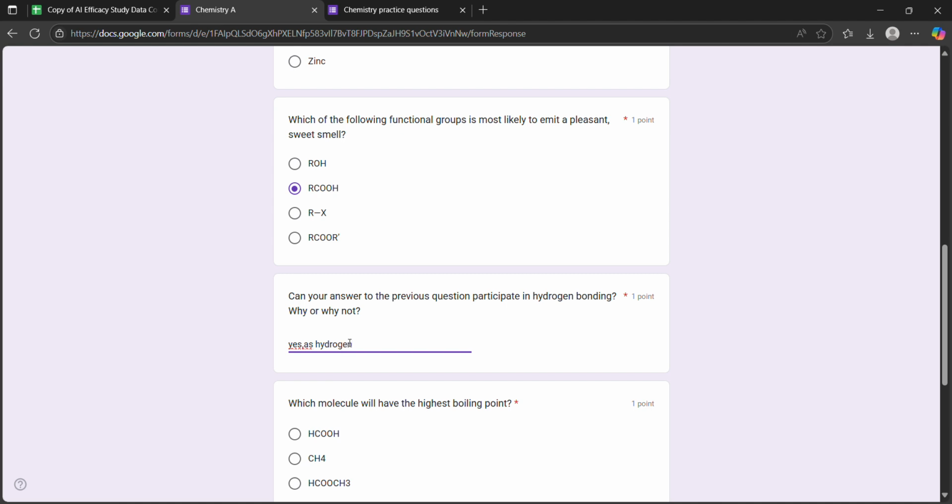So this has hydrogen attached to the oxygen and can associate or dissociate. So it might participate, yeah, in the hydrogen bonding.